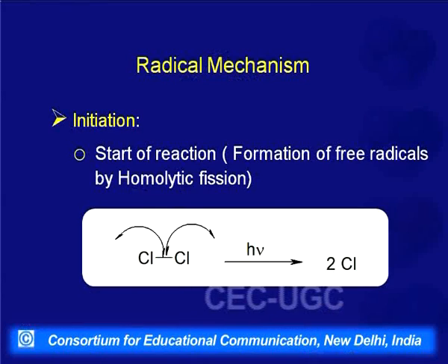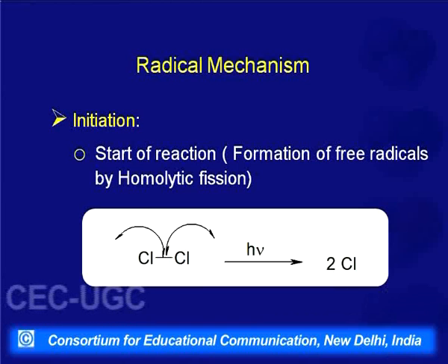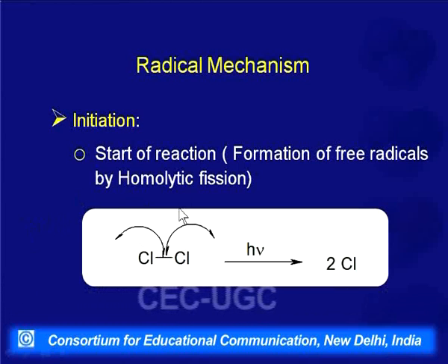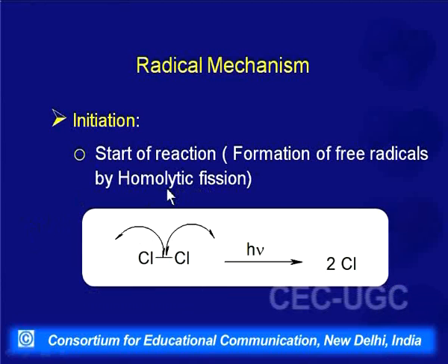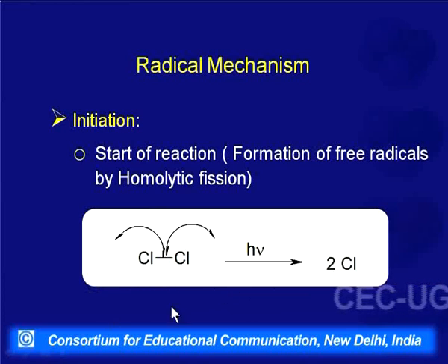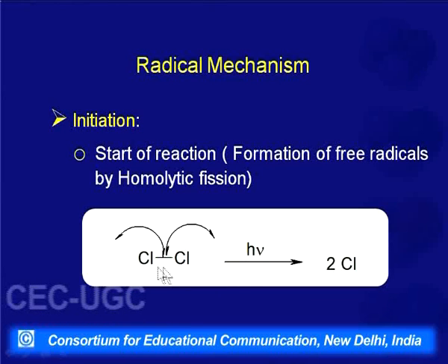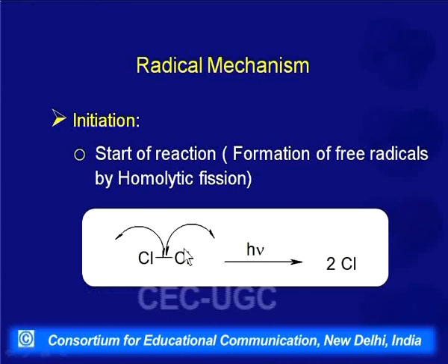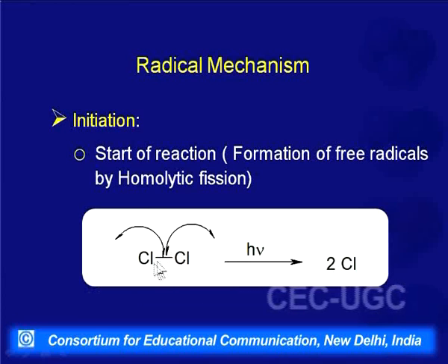The reaction is started in this step and there is formation of free radicals. Free radicals, if you remember, are formed by homolytic fission of bonds. In homolytic fission, the breaking of the bond leads to radicals, where each atom gets an electron each.